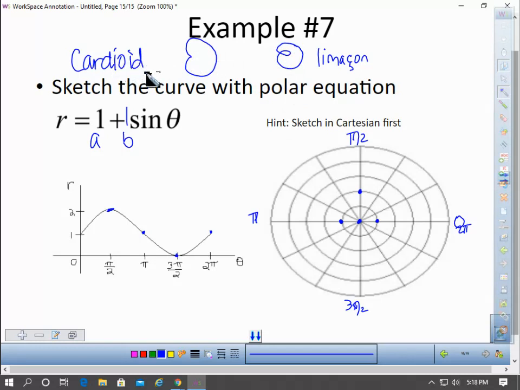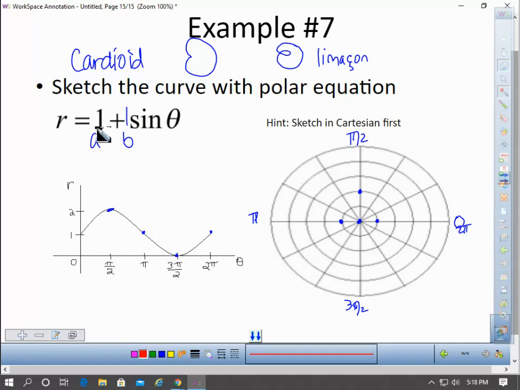So these are the things that we're going to go through on that discovery handout and be able to think about what the patterns look like. All right, if the a and the b are equal, then you know it's a cardioid. It doesn't have a loop. If the b number is bigger than the a number, then it's a limacon. Now, the a and the b number tell me a little bit about this graph.